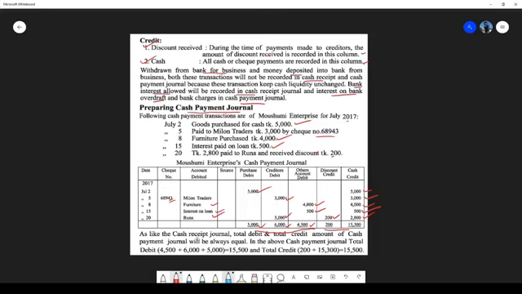As in the cash receipt journal, the total debit and total credit amount of the cash payment journal will always be equal. In the cash payment journal, total debit is 4,000 plus 6,000 plus 5,000, that gives you 15,500, and total credit side 200 plus 15,200 gives you 15,500. So both sides have to match, like the previous problem we discussed.